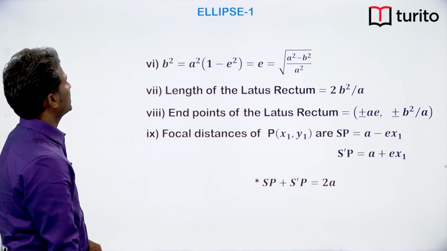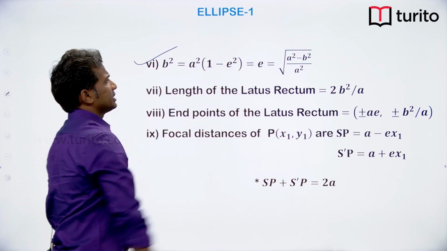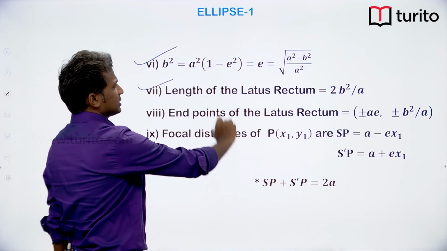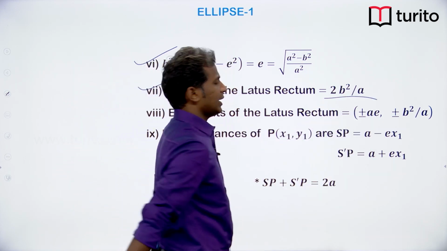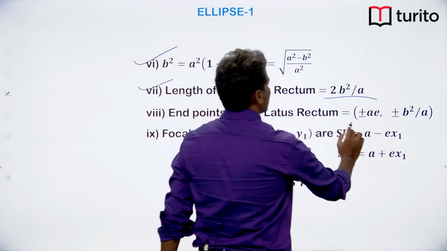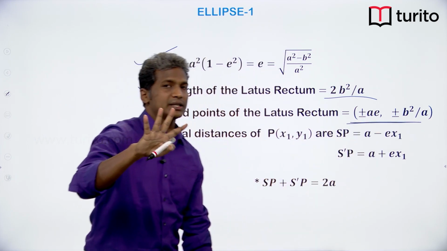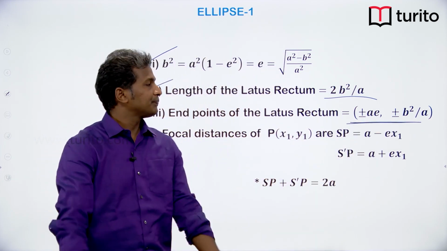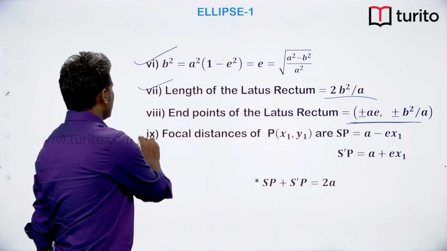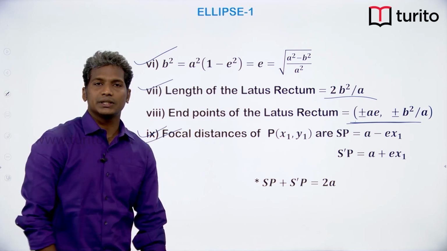Next, eccentricity can be calculated using this idea. The length of latus rectum is always 2b²/a, and the endpoints of the latus rectum, in fact there are 4 points which are ends of latera recta, are these points. This is one important formula for focal distance.